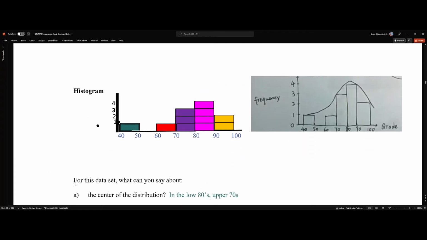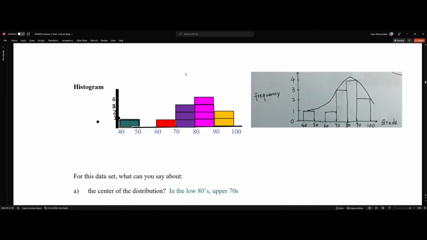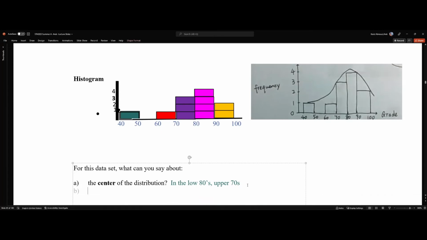And we want to find some information for this data. We can see the measures of center: mean, mode, median. Let me write this. All of these, the center of the distribution, is around here.